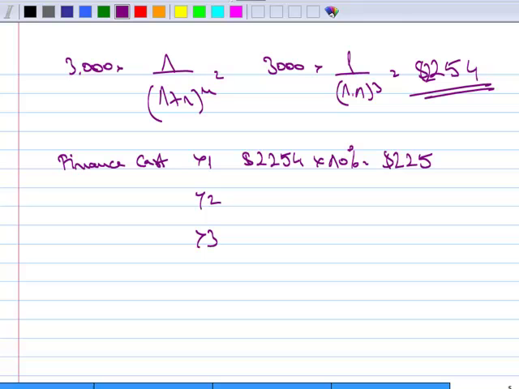At the end of year 2, I will have 2,254 plus 225 times 10% again, a finance cost of 247, let's say 248, a little bit rounding up, and so forth and so on, so that at the end of year 3 I will actually reach the 3,000.